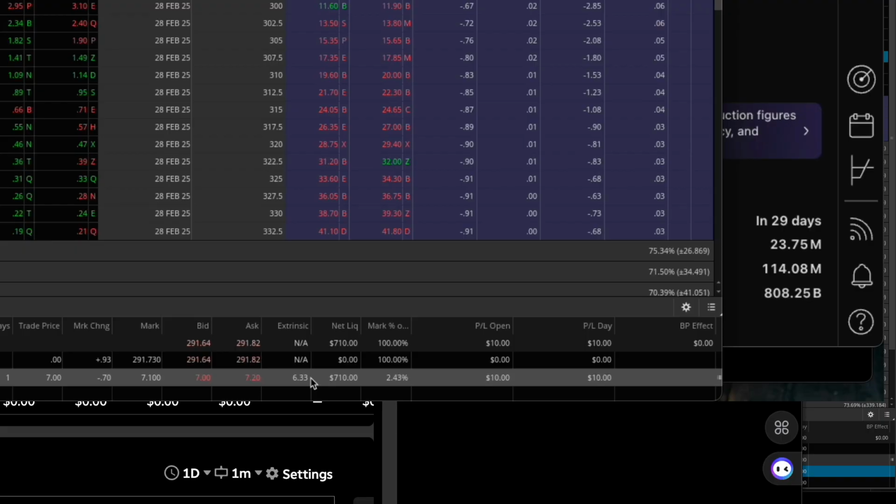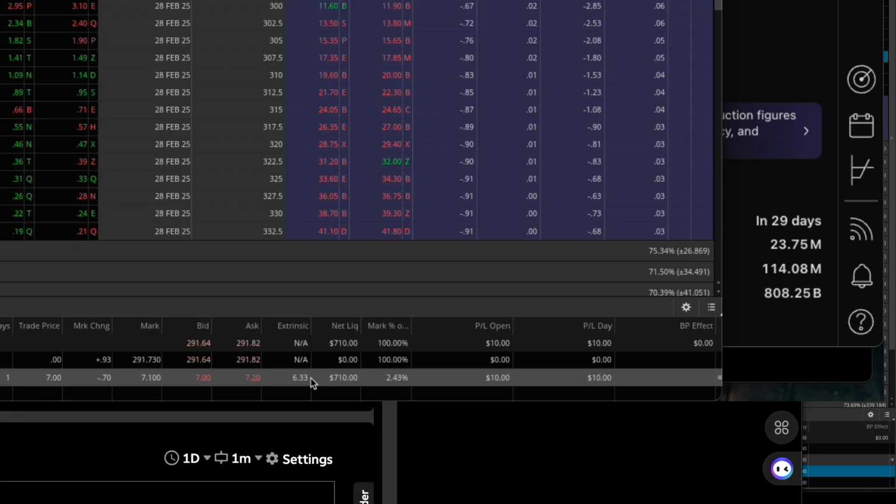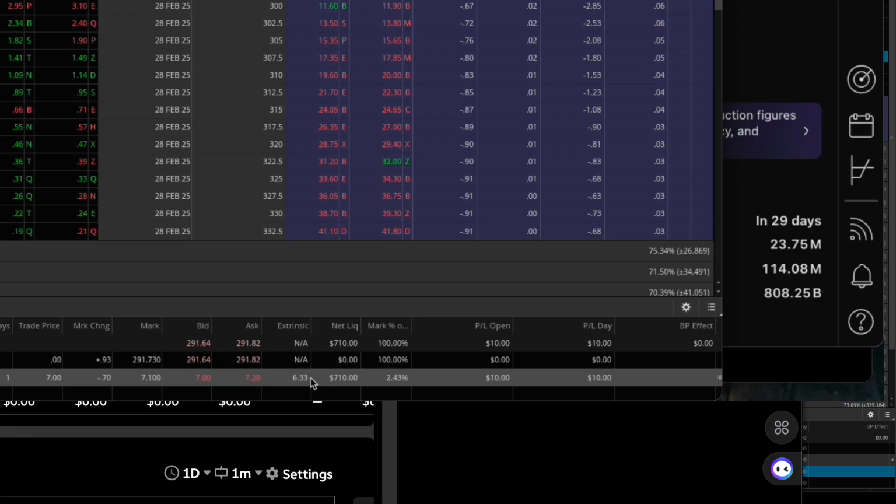If the contract cost me $700 for one contract, well, if you multiply that by 10 contracts, then that total number is equivalent to $7,000, right? So it would essentially cost me $7,000 for 10 contracts. And given this example, after I enter the trade, the amount that I would have gained per contract would have been this amount multiplied by 10, right?